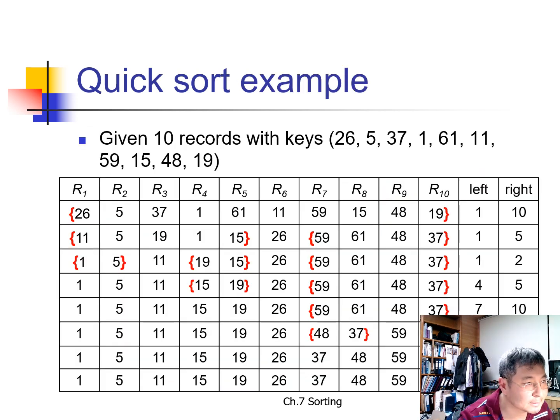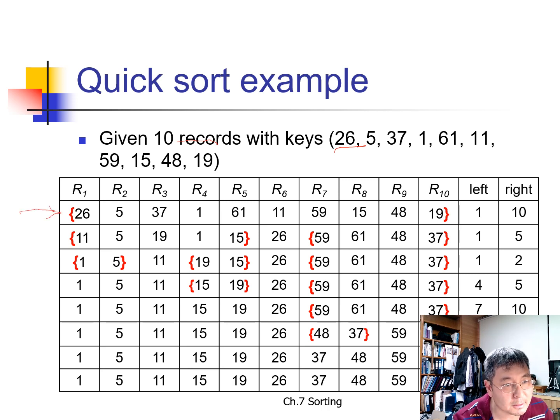This is a quick sort example. We are given these 10 records, 10 data items: 26, 5, 37, 1, 61, 11, 59, 15, 48, 19. This is the first line.